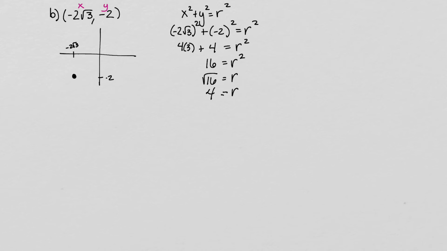Okay, good. So now we're going to do that the tangent of theta is equal to y over x. So in our case, the tangent of theta is equal to minus 2 over minus 2 root 3, or the tangent of theta is equal to 1 over root 3. So now I want to know, well, where in quadrant 3 is the tangent equal to 1 over root 3?